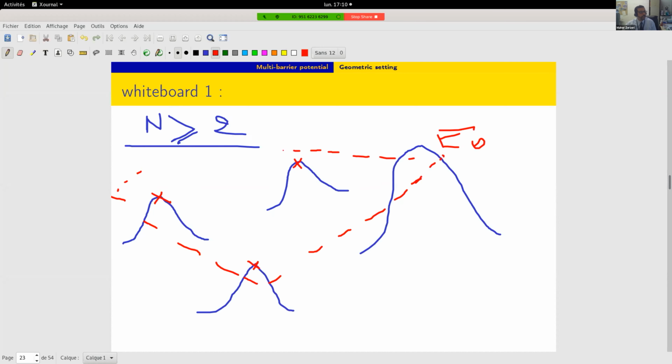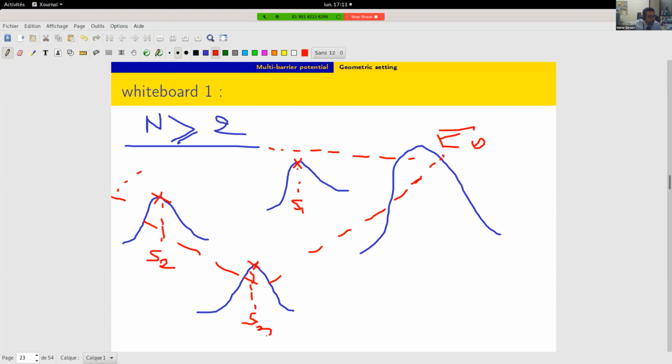And we want to understand the behavior of such a situation, and the very important thing. So this is, for example, S1, and so on.